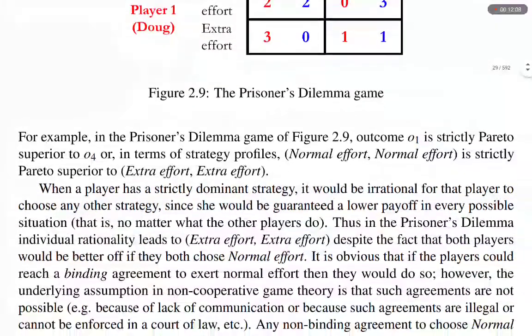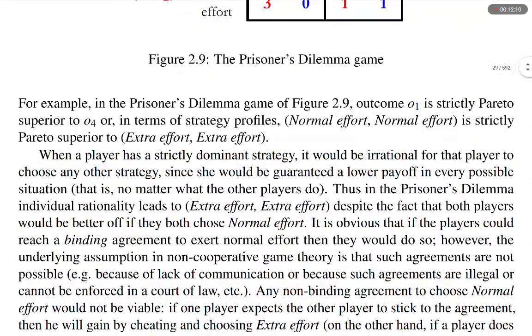For example, in the prisoner's dilemma game of Figure 2.9, outcome O1 is strictly Pareto superior to O4, or in terms of strategy profiles, normal effort is strictly Pareto superior to extra effort.